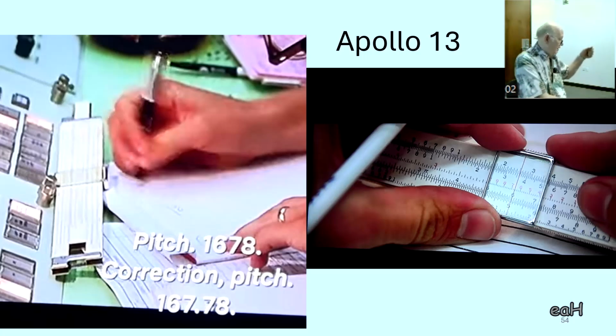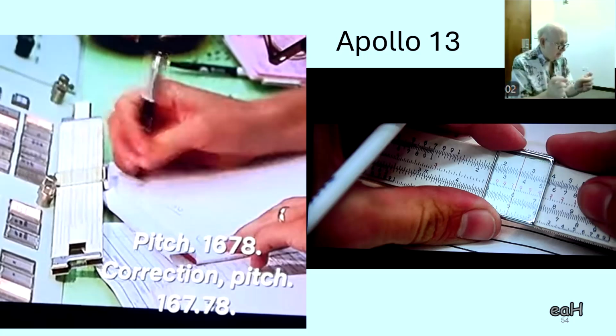You have a camera gimbal that walks around; well, they had a gimbal in the spacecraft, and the computer was tied to that gimbal. They had to transfer all of the data to get the coordinates, and they had to check the calculations with their slide rules.